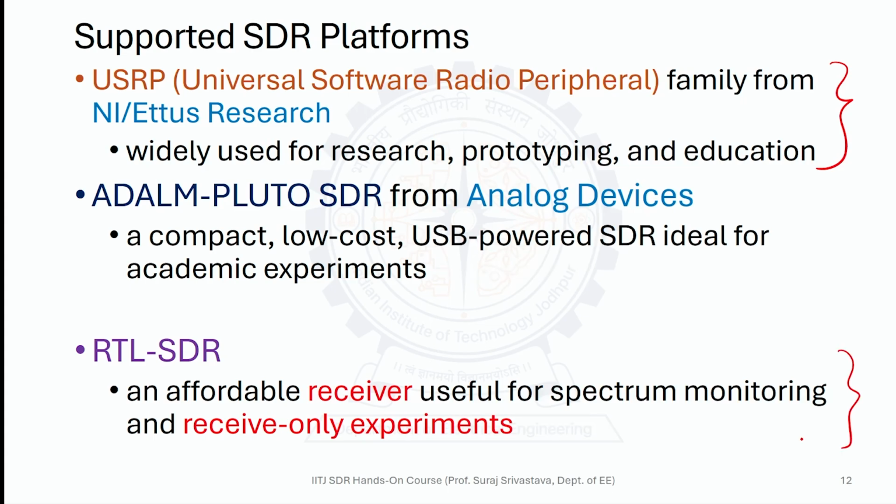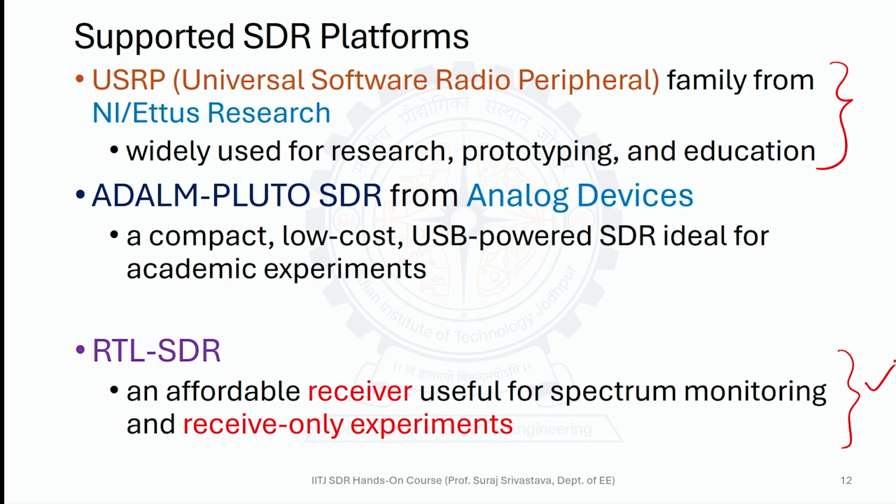Finally, we have the third class, the RTL SDR, which is an affordable receiver useful for spectrum monitoring and receive only experiments. We already discussed in the last lecture that RTL SDR is mainly for receiver side experiments, but USRP and ADALM-Pluto SDRs can be used for both transmitter and receiver. The typical cost of these SDR platforms is as follows.